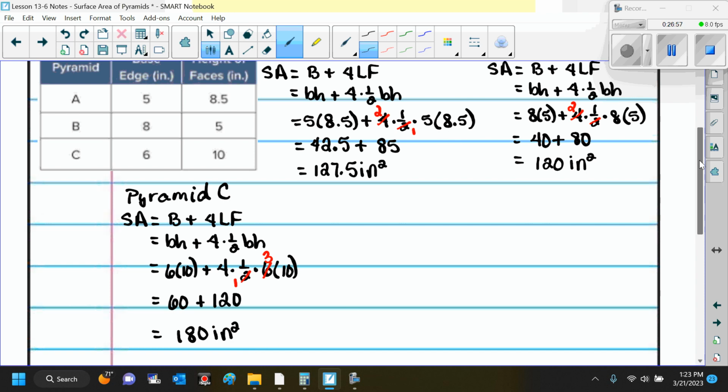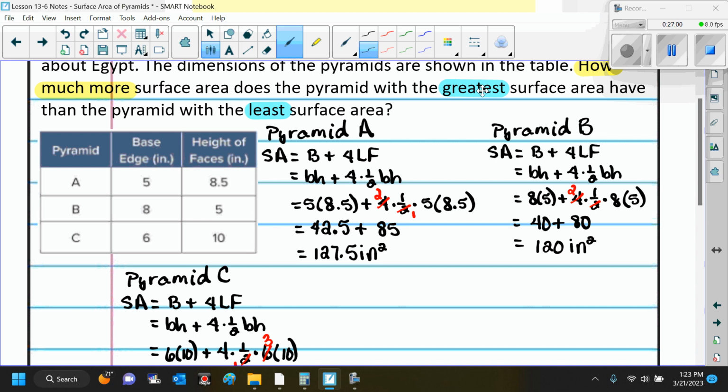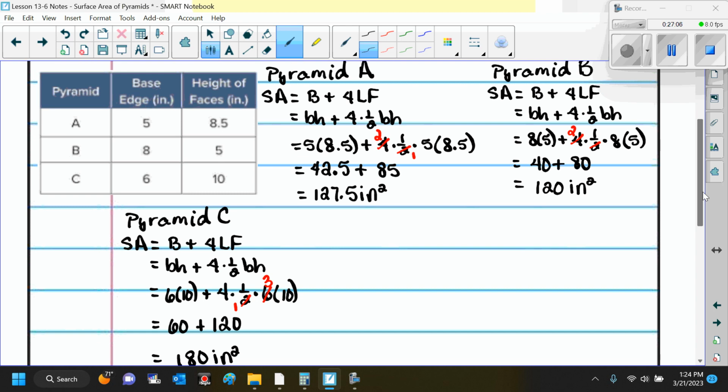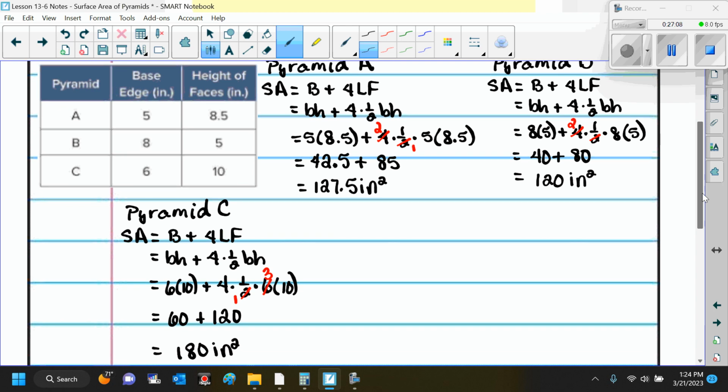So we want to know how much more is the pyramid with the greatest surface area than the least. So when we look at this, pyramid C has the greatest, and pyramid B has the least. So we are going to subtract pyramid B minus pyramid C. Oh, I'm sorry, I got it backwards.